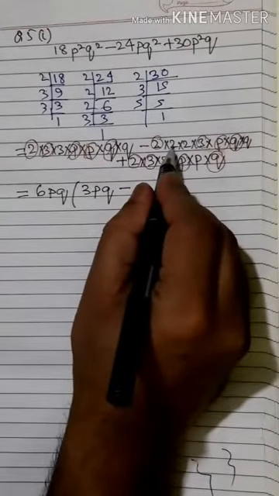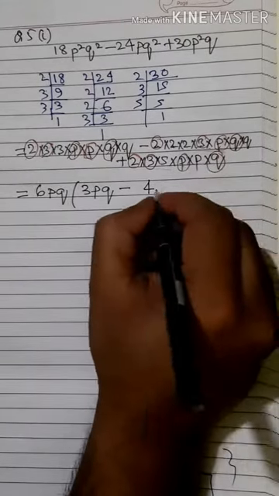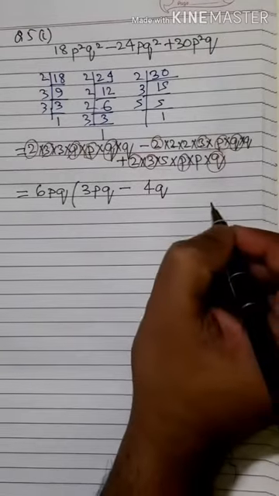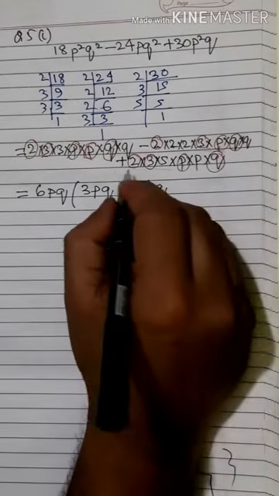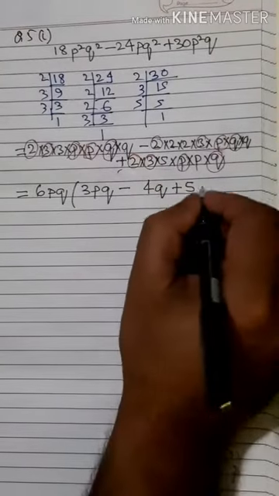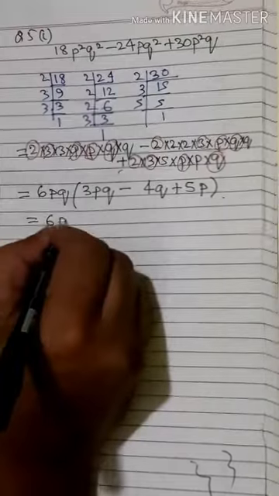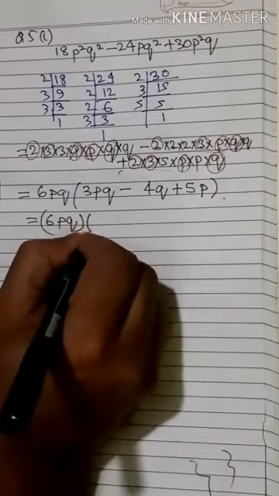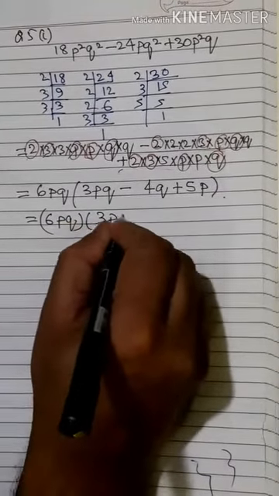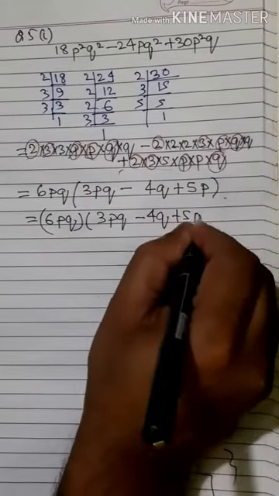Then we have a minus here. What is left over here? 2 2 is 4, and then we have q. Then here 5, and then what is left over? P. So 6pq multiplied by 3pq minus 4q plus 5p.